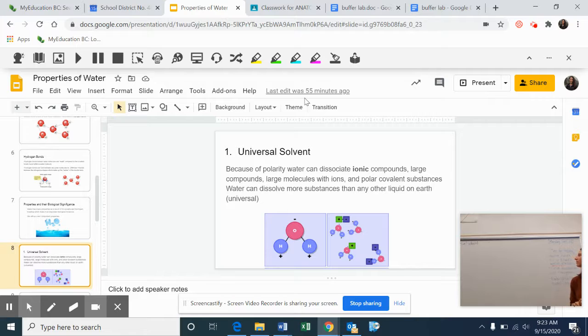So water is a universal solvent, so it can dissolve a lot of things into it. Because of the polarity, so due to that unequal sharing of those electrons, water can dissociate ionic compounds.